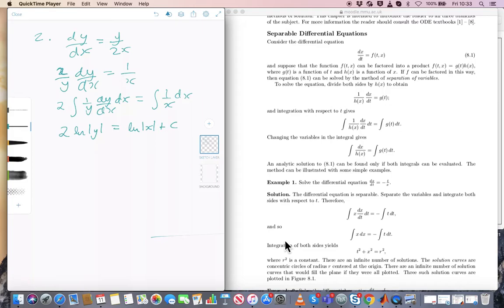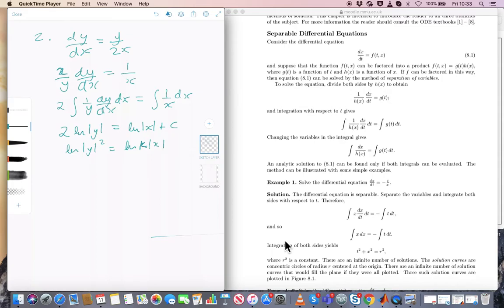If you remember your laws of logarithms, 2 log y can be written as log mod y squared, so the 2 goes into the power, and c we can write as log of a constant. Log x plus log of a constant will give us log c mod x, say k, so we're going to let k be log c.